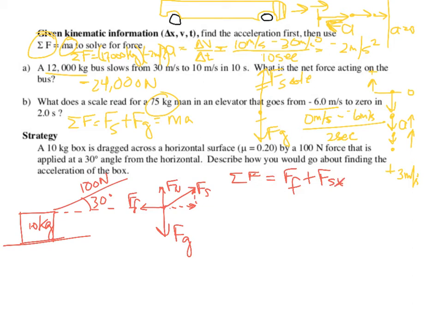What does it even say this thing's doing? Dragged across the horizontal surface. There is a coefficient of friction, mu, 0.2. Describe how you go about finding the acceleration. Okay, so there is acceleration, so that is ma.